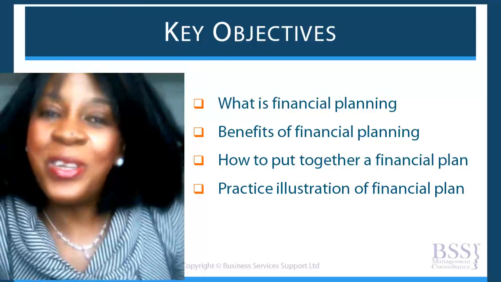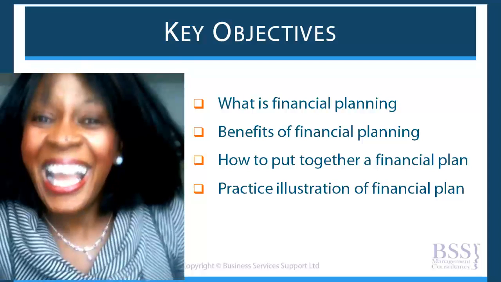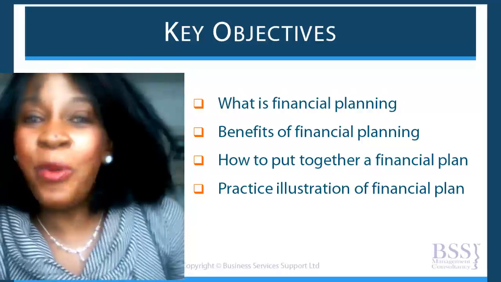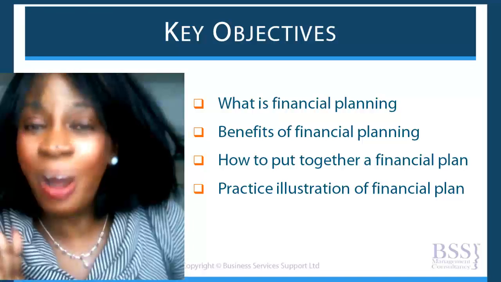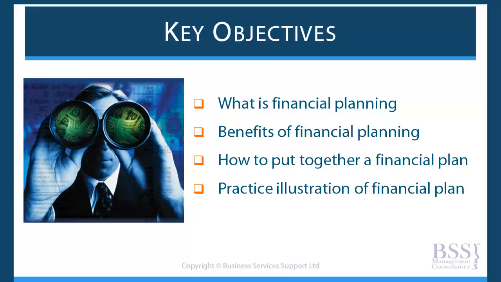So what are you going to learn in this course? This course is designed with 4 primary objectives. The first objective is to enable you to learn what is financial planning and to ensure you understand the benefits of financial planning. In addition, you're going to learn step by step how to put together a financial plan for your organization.